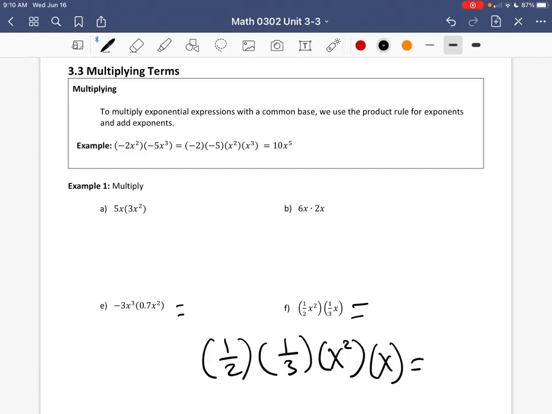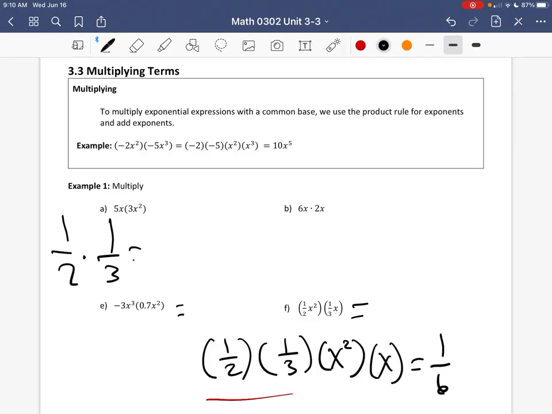Okay, so the first multiplication that we'll do will be the 1/2 times the 1/3. And so what's the 1/2 times the 1/3? That's going to be 1/6. Okay, so maybe above here, let's go ahead and see the details of that.